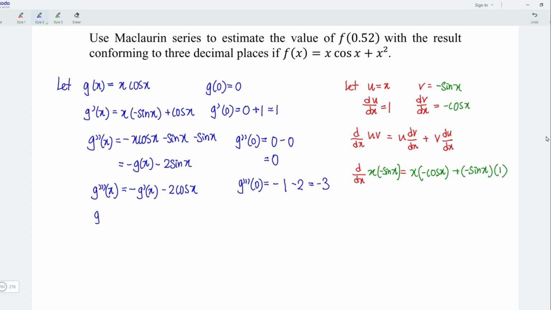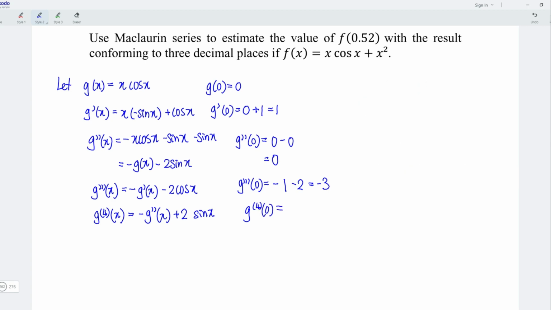Now let's differentiate the function with respect to x for the fourth time. Again, differentiate the first derivative, we obtain the second derivative, or the second order. Differentiate cos is negative sine, and we know that negative multiply negative, we obtain positive. At point x is equal to 0, we have negative 0 plus 0, which is again 0.